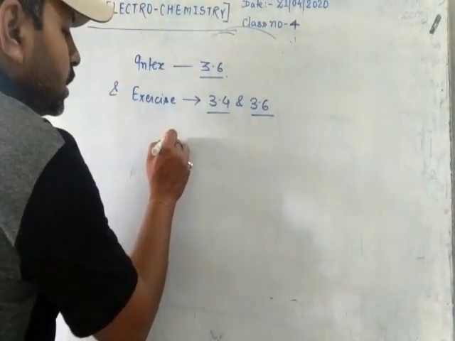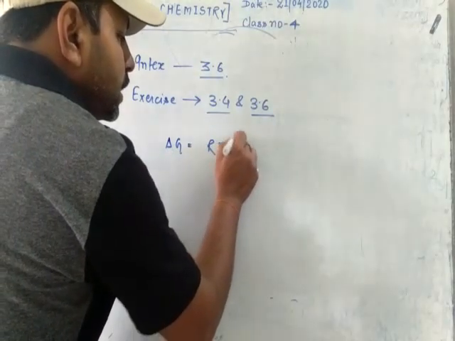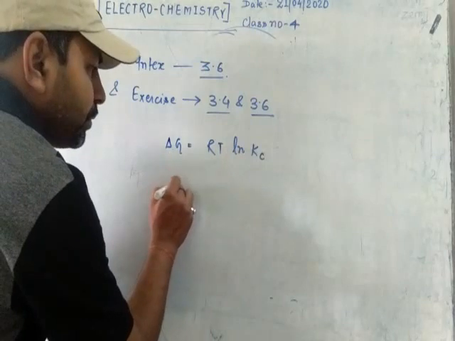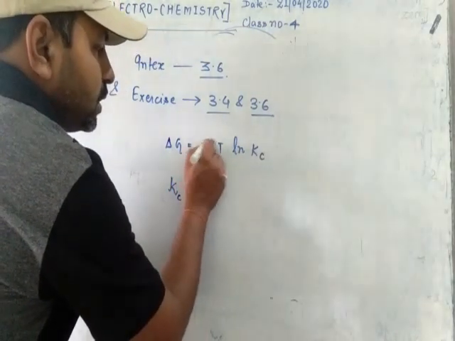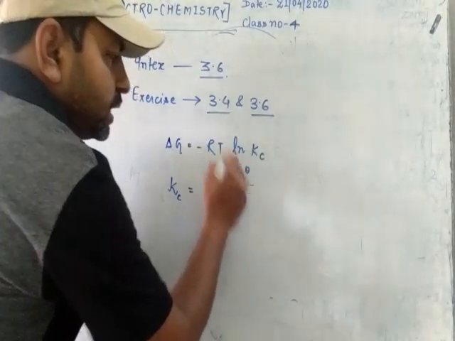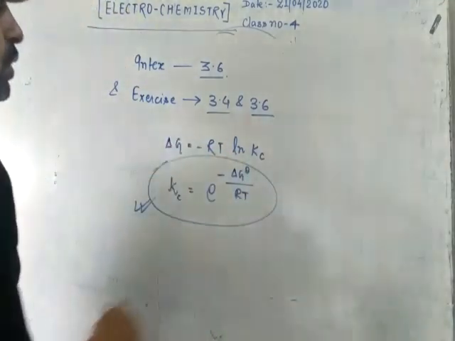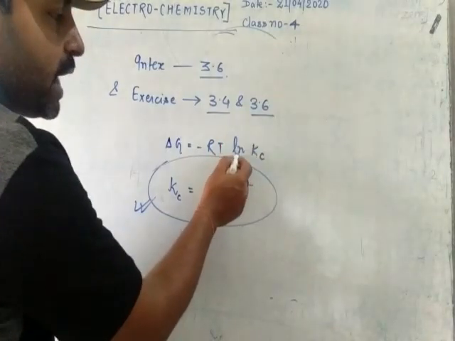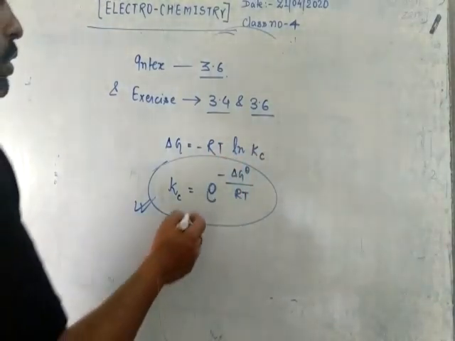In various books, students, del G equals minus RT ln Kc is used. So if we calculate Kc, then the exponential form of del G and RT is also written. When you use 1 by ln, it is called the exponential form.